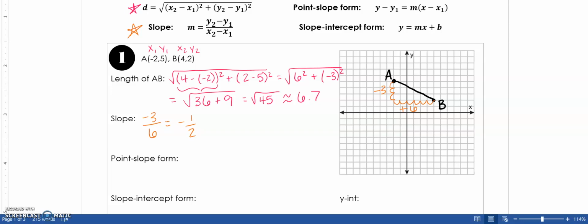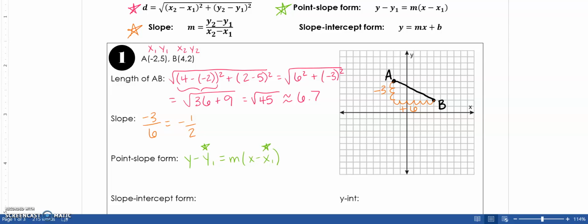So now what we want to do is plug everything into our point slope form. We're going to use this formula right here: y minus y1 equals m times x minus x1. And all it is, you plug in for your y1 and your x1.